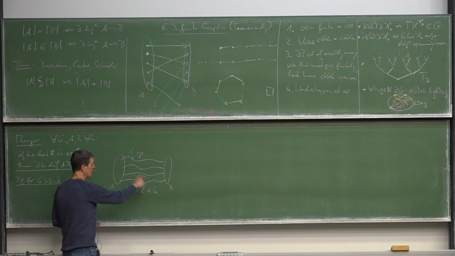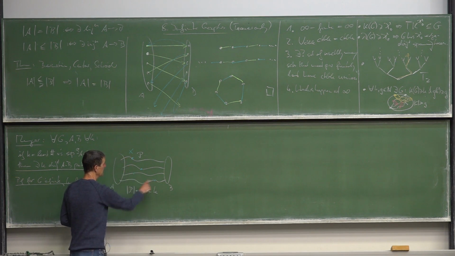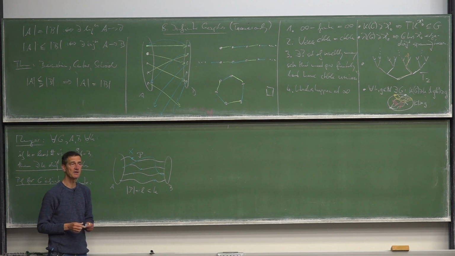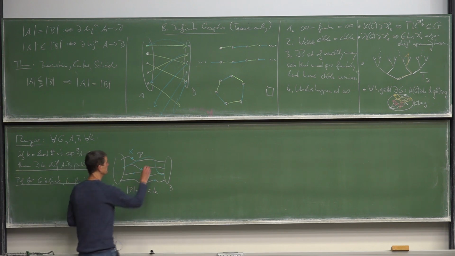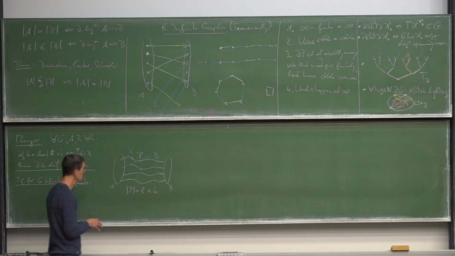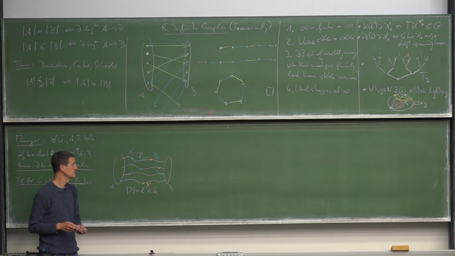For every such collection, there will exist a path from A to B that avoids X, because this set has only L fewer than K vertices, and K is the least number of vertices that you need to separate A from B. So deleting the blue vertices here will not separate A from B. So there's a path that avoids it. Do that for every such set X.